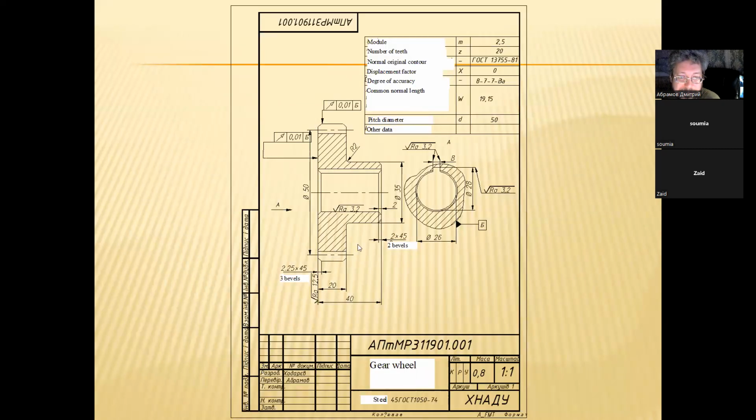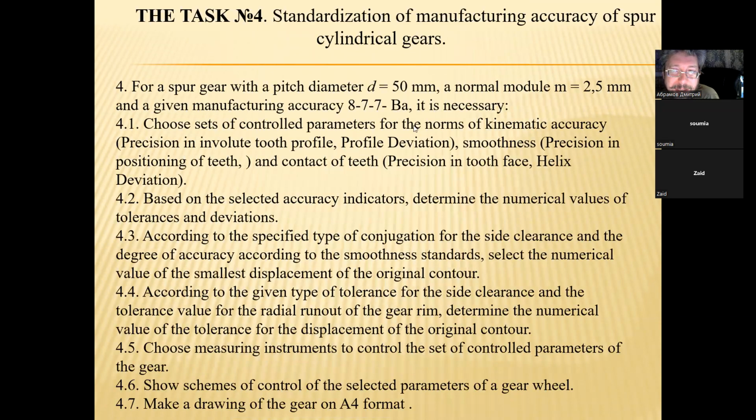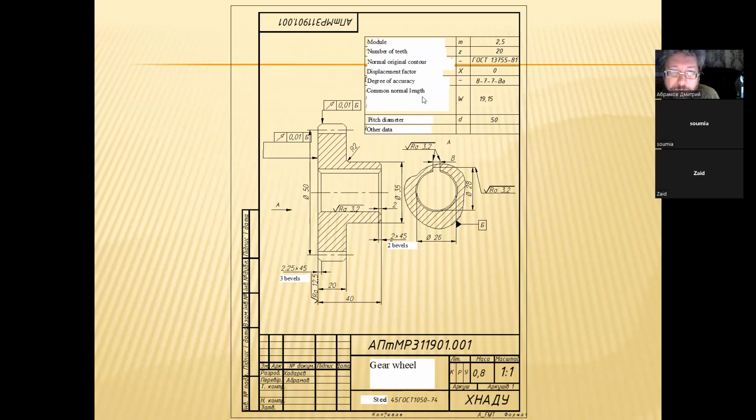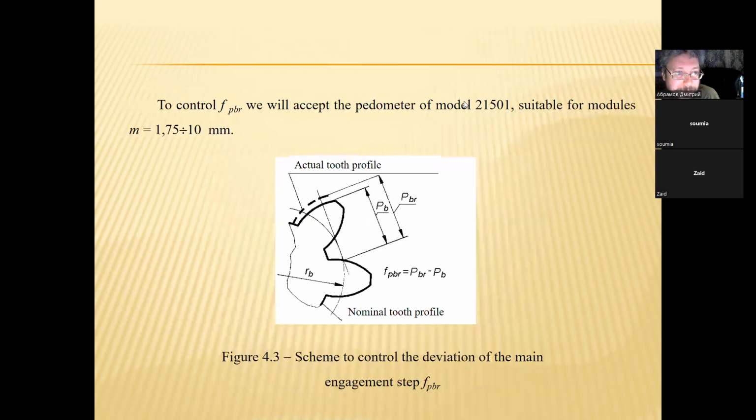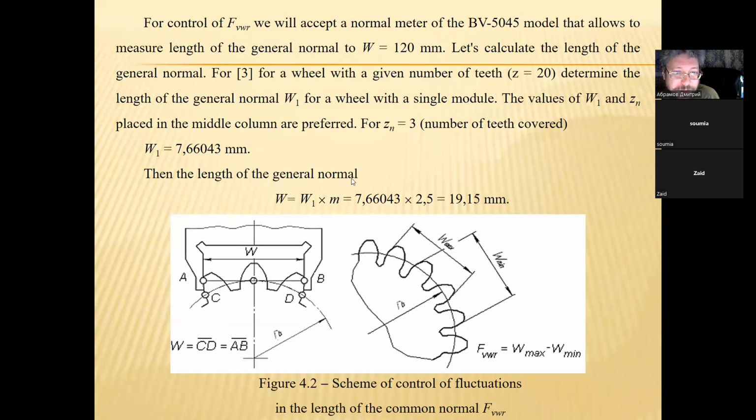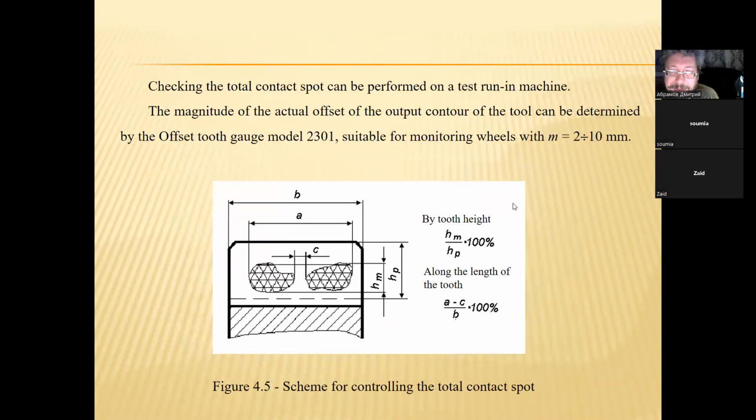There is the gear, diameter of the gear 50 millimeters, module equal to 2.5 millimeters, number of teeth 20, normal original contour by the GOST 13755-81, displacement factor 0, degree of accuracy 8-7-7-B-A.